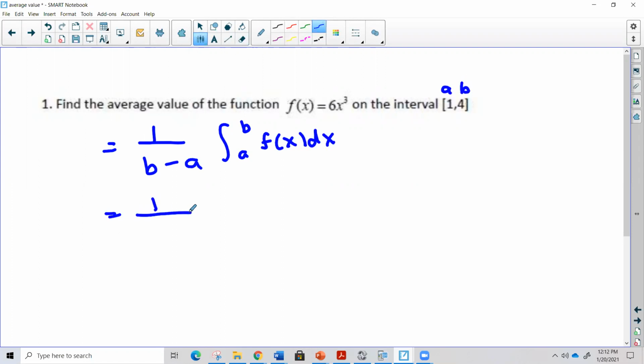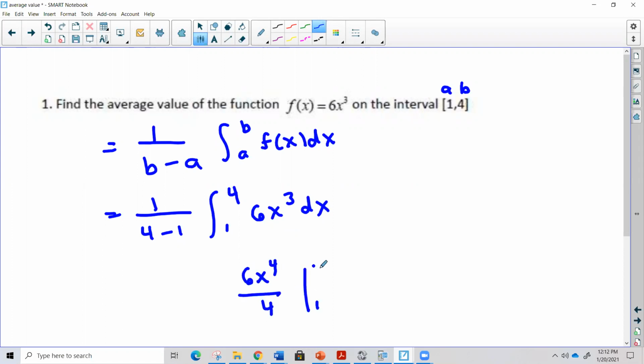So this would be 1 over 4 minus 1, the integral from 1 to 4 of 6x cubed dx. The integral of 6x cubed would be 6x to the 4th over 4, and 1 over 4 minus 1 is 1/3.